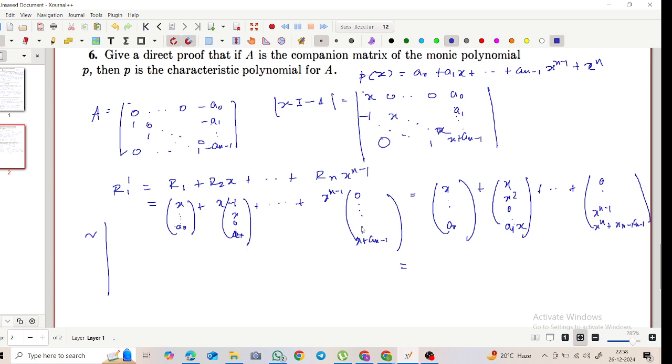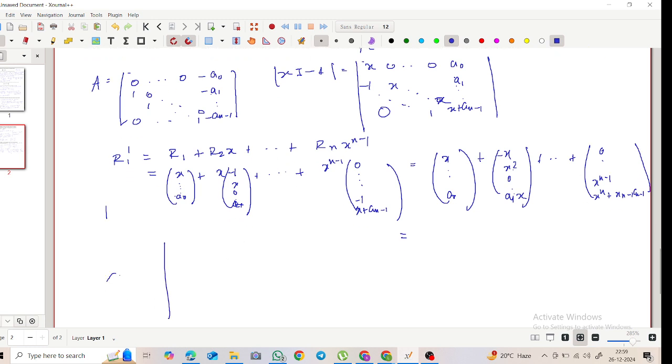Now it's okay. Now it makes sense. So you see this x and the next x will be cancelled out, okay? So this x square will be cancelled out with the next x square. So you will get this matrix.